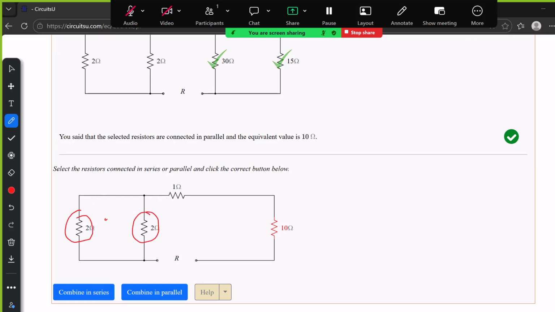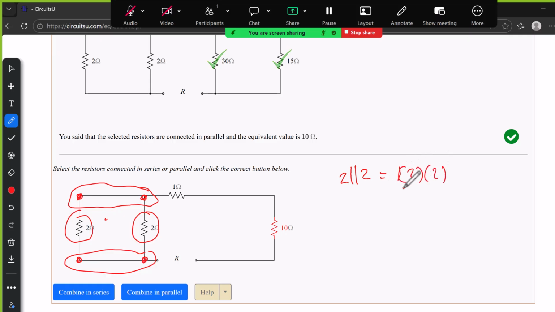How do we know they're in parallel? If we were to draw both of the terminals here, they both share their terminals, so they are in parallel. So 2 in parallel with 2 is the product over the sum: 2 times 2 over 2 plus 2, which is 4 over 4, which is 1 ohm.